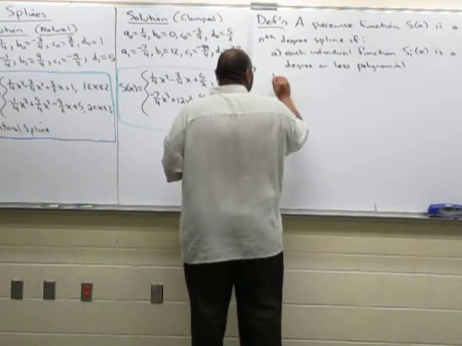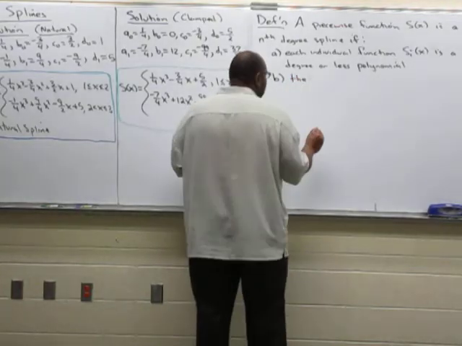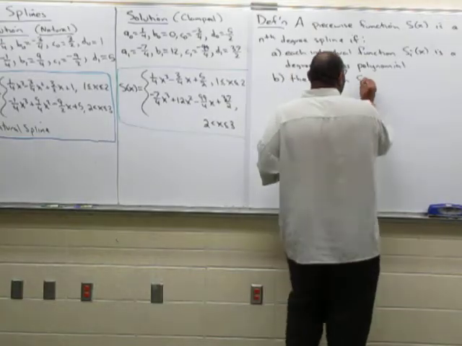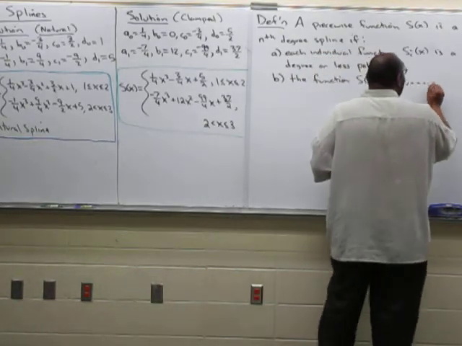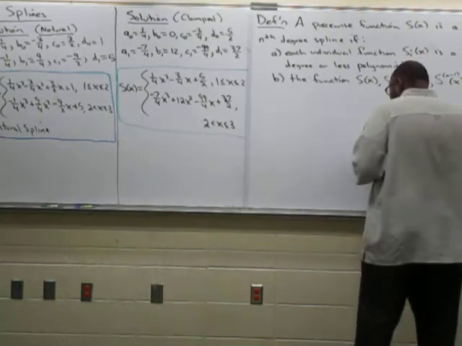B, the functions S of x, S prime of x, all the way up to the n minus 1 derivative of S at x are continuous.